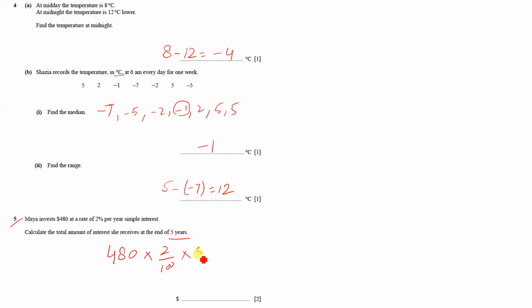So this is 5 years, so multiplied by 5. So this is the total amount of interest at the end of 5 years. So let's simplify this. And the answer is $48.